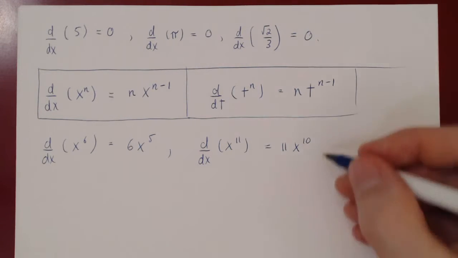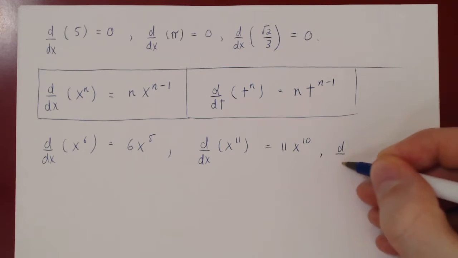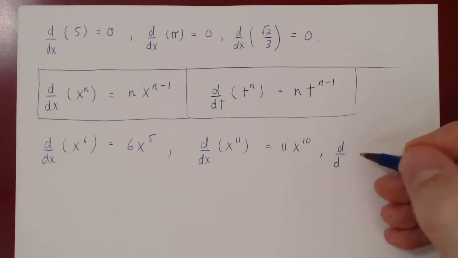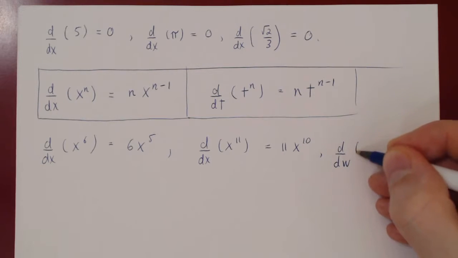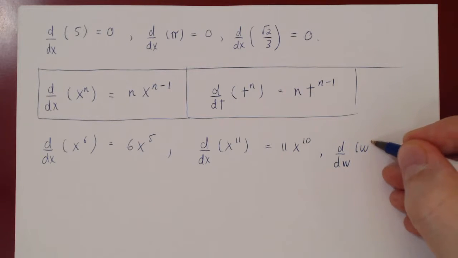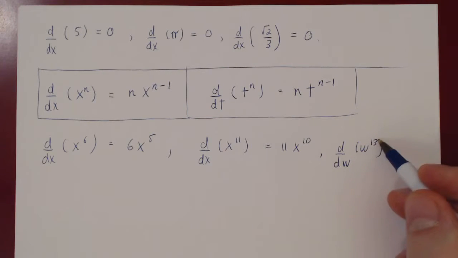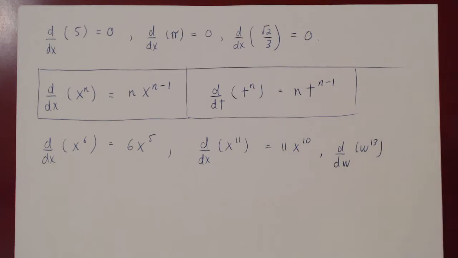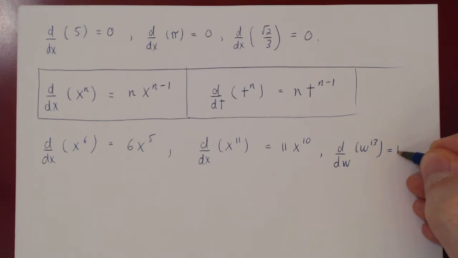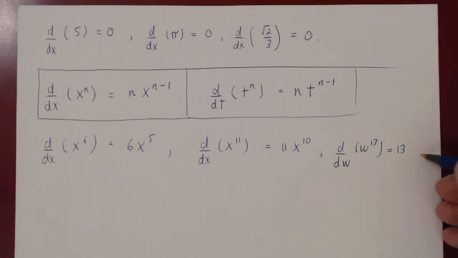We could ask, what's the derivative with respect to w of w to the 13? Right? We differentiate w to the 13 with respect to w. The power rule says bring the exponent down.